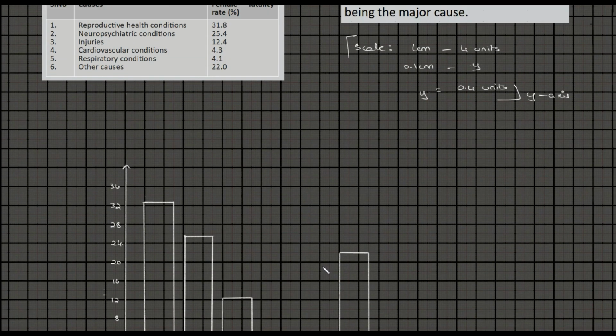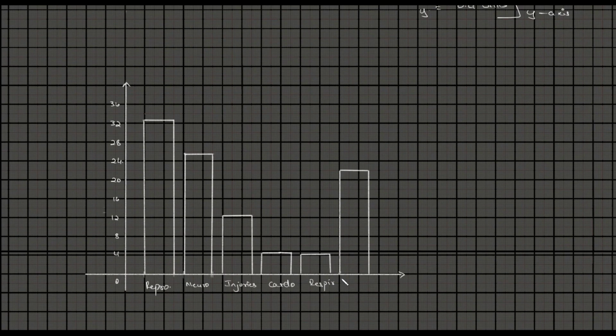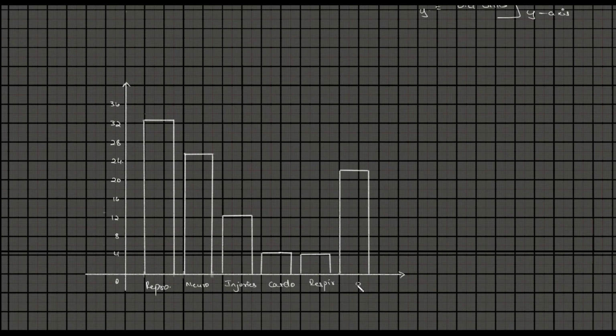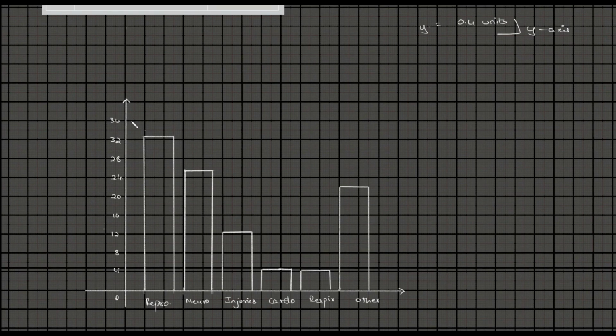This is respiratory, right? I'm not able to write the entire thing. And other. Again, you can write inside this vertically, sidewise. I can't do so I'm doing this. You guys have the luxury of doing that.